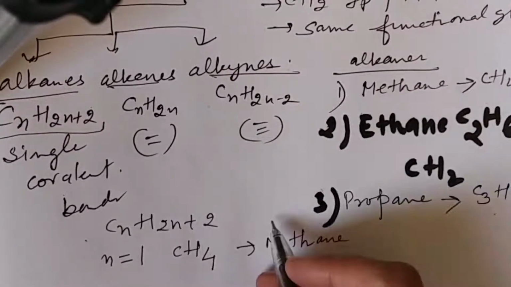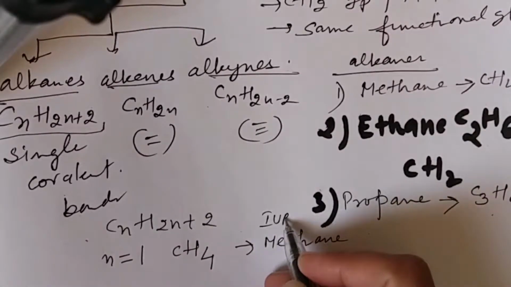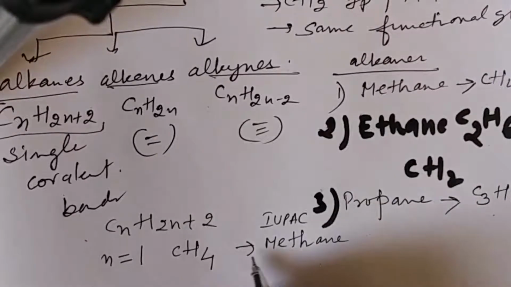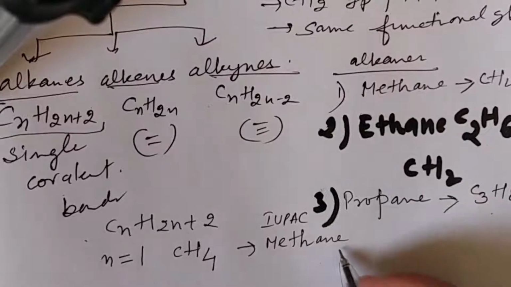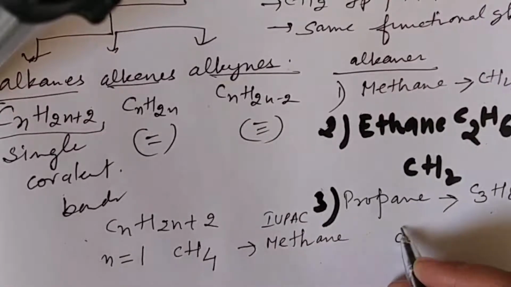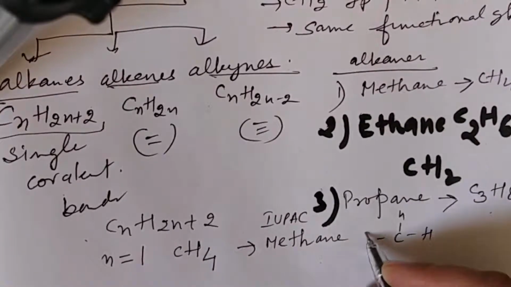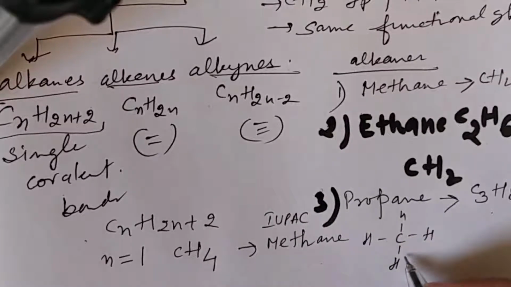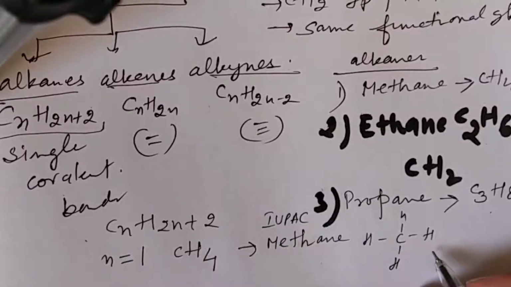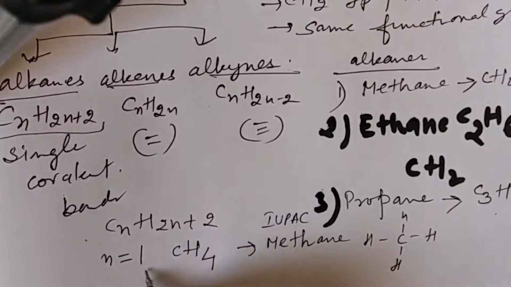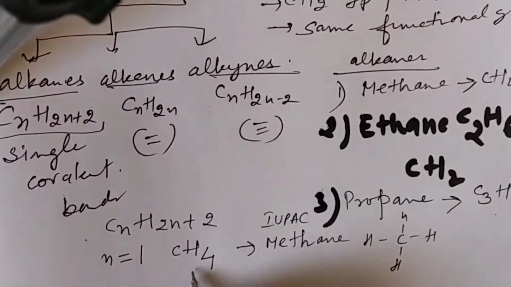Methane is the IUPAC name of the compound. The structural formula will show the four covalent bonds of carbon and hydrogen.